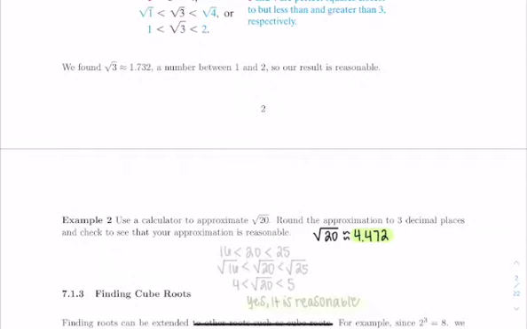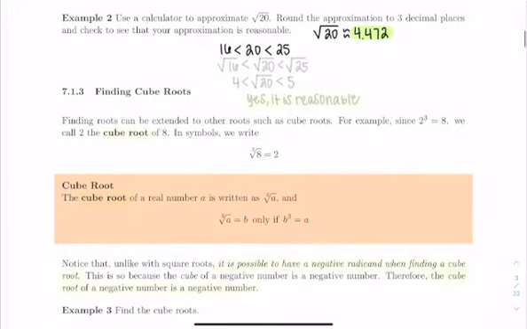So let's look at 20. We want to find the perfect square that's bigger than it and less than it. The perfect square that's bigger than 20 is going to be 25, and the perfect square that's less is going to be 16. So we take the square root of all 3 pieces.